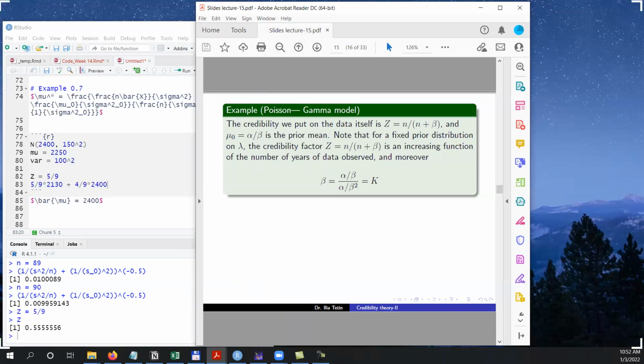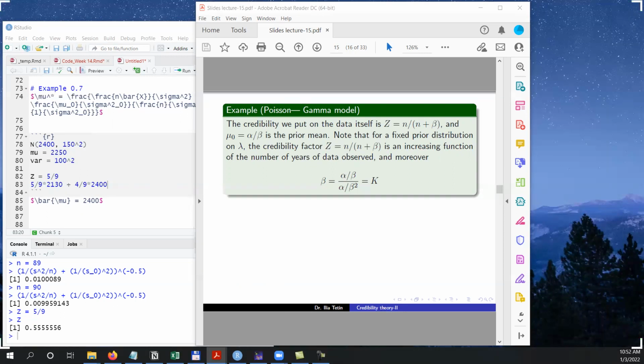Now we are dealing with the Poisson gamma model. The Poisson model actually is frequently used to model claim incidents. Let's suppose that annual claim numbers on a portfolio of policies are modeled by a Poisson distribution with a single parameter lambda.